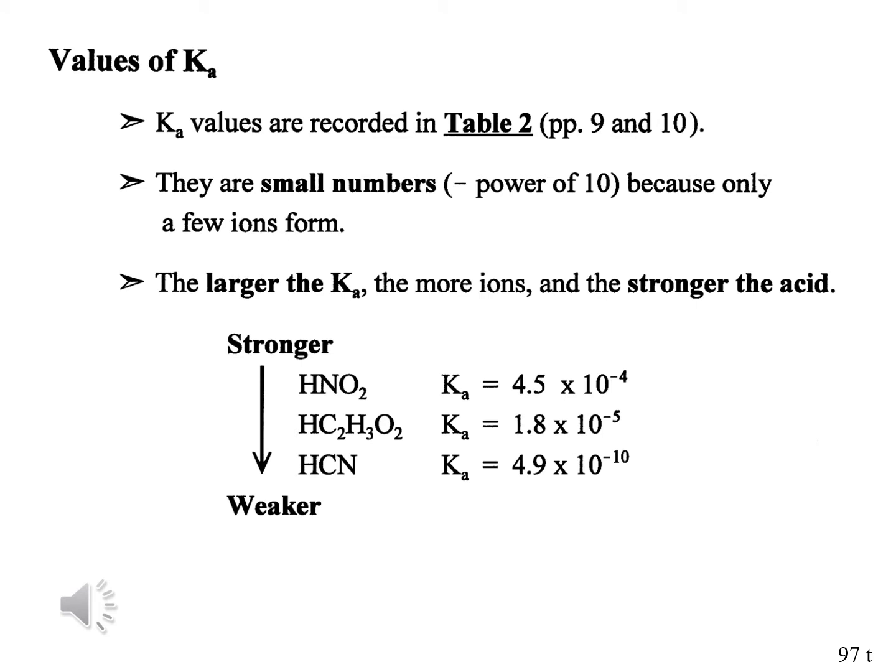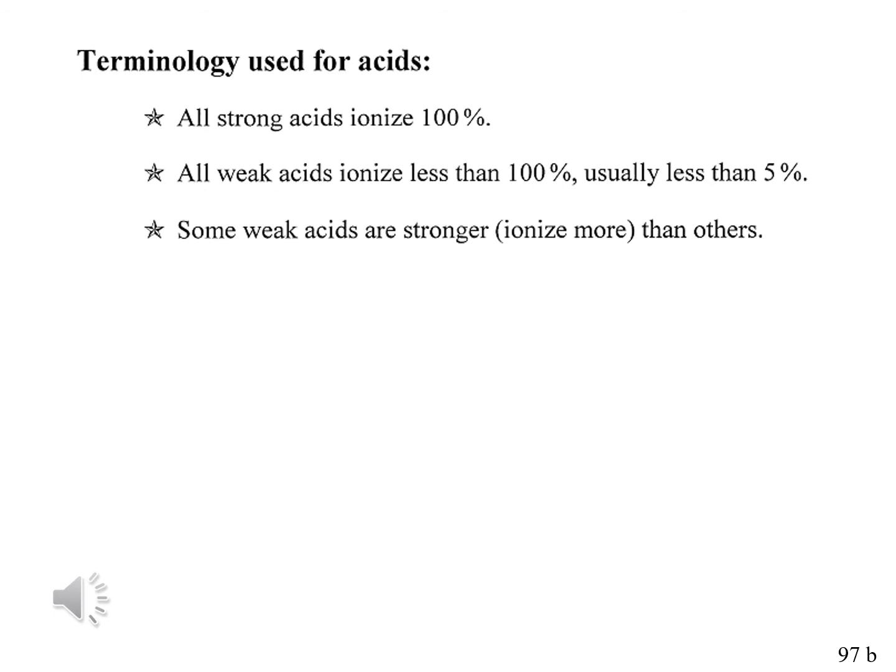I don't think this will surprise anybody. The larger the Ka, the stronger the acid, because the larger the number means more ions, and so that's a stronger acid. So you can rank all of the ones in the table by strength. There's a problem with the terminology here, though, because the word strong is used for anything in chemistry that ionizes 100%, so strong acids.